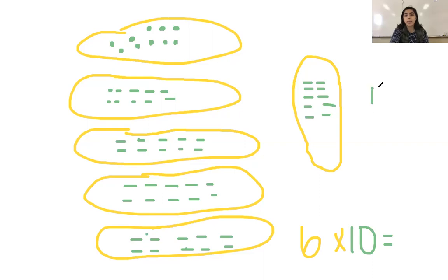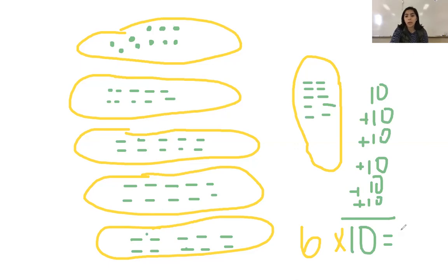So you're going to put 10 plus 10 plus 10 plus 10, you got it, plus another 10 plus another 10 equals, and you would count 0, 0, 0 equals 0, 1, 2, 3, 4, 5, 6. Okay, so our answer is 60.